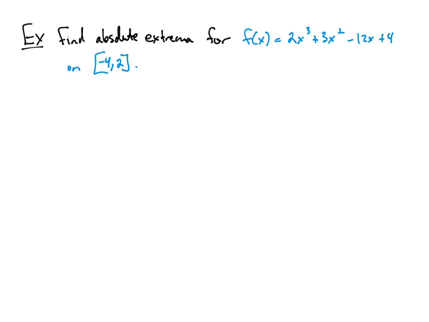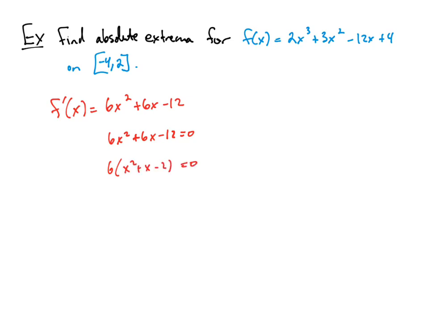So what we want to do is find the critical points for the function. That just means when is the derivative of the function equal to 0. So let's take the derivative of f of x. It's going to be 6x squared plus 6x minus 12. And then we want to set that equal to 0 to find the critical points. So let's see, I'll factor out a 6. x squared plus x minus 2 is equal to 0.